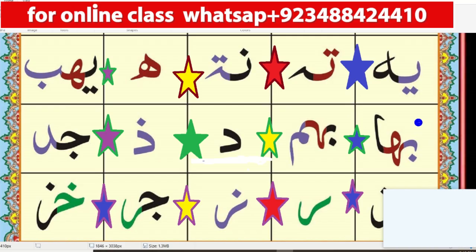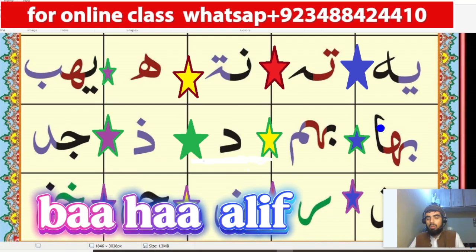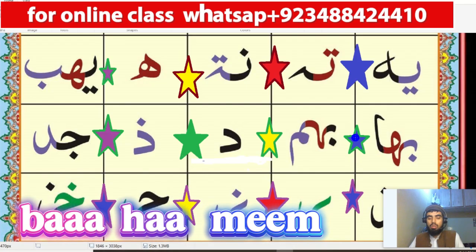After then ba, ha, alif, the first letter ba letter and the second one ha letter and the last one alif letter. The ba letter has one dot under the letter, the ha letter is like this, and the last one alif because that is a straight line, look, here is alif, the last one. Ba, ha, mim, the first letter ba letter and the second one ha letter, the last one mim letter.